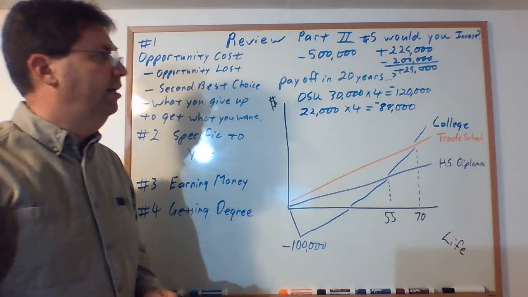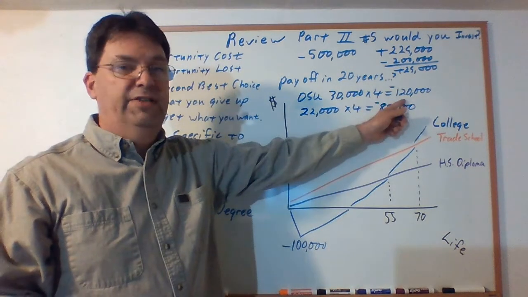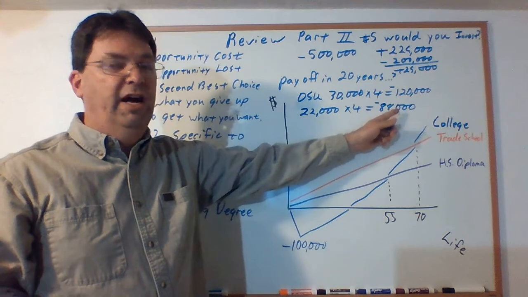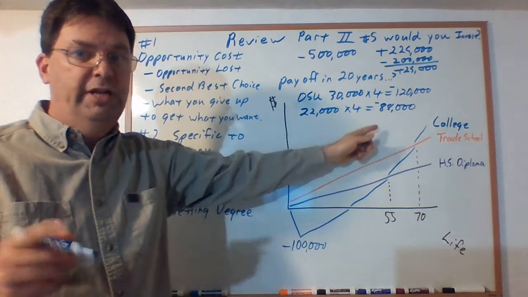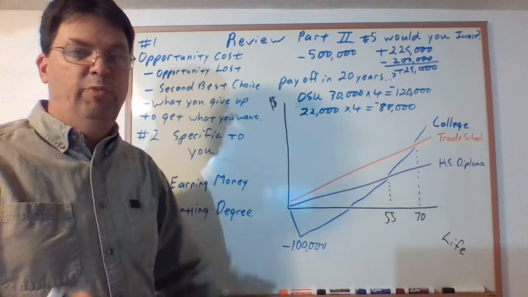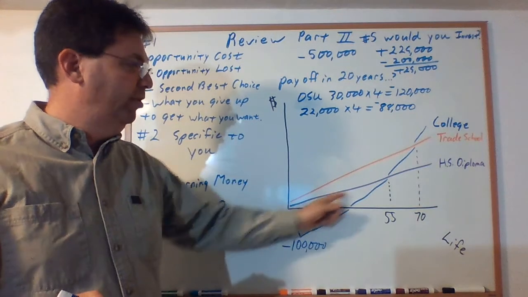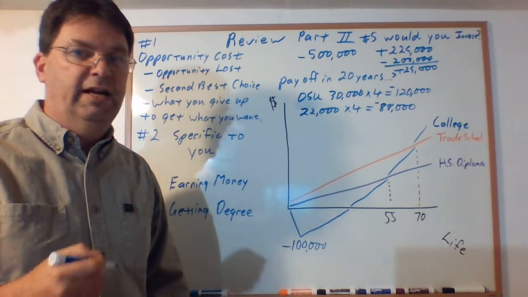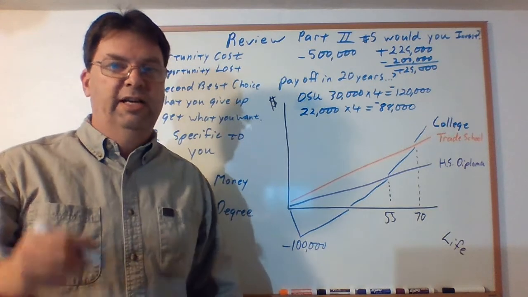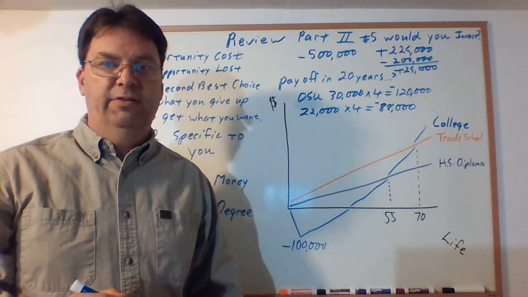So your total cost to go to Oregon State is like 120,000. Your opportunity cost that you gave up to go to Oregon State, you could have been making minimum wage work over here on the purple trend line. That's another 88,000. Your real cost to going to college is over $200,000.